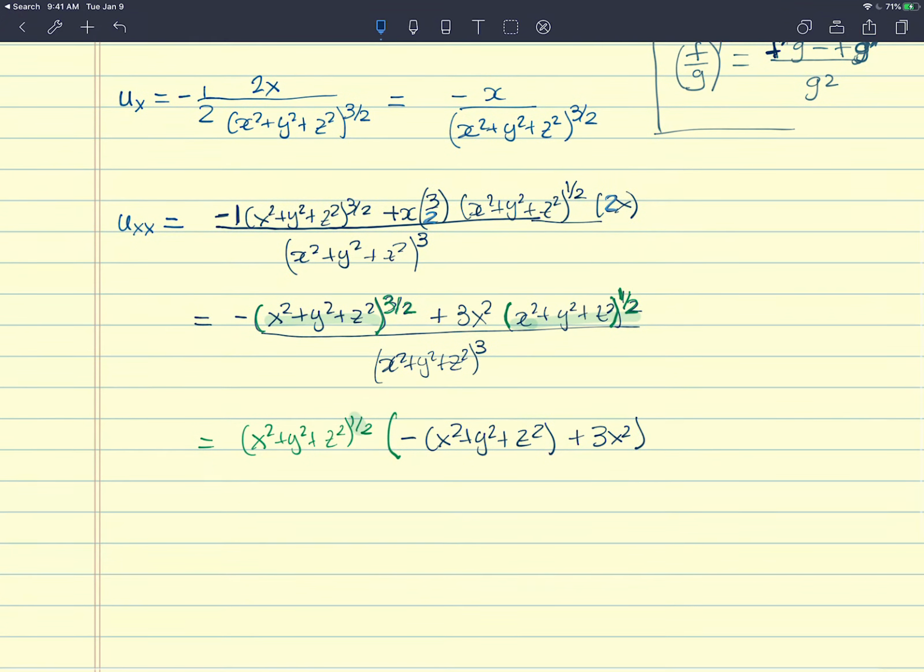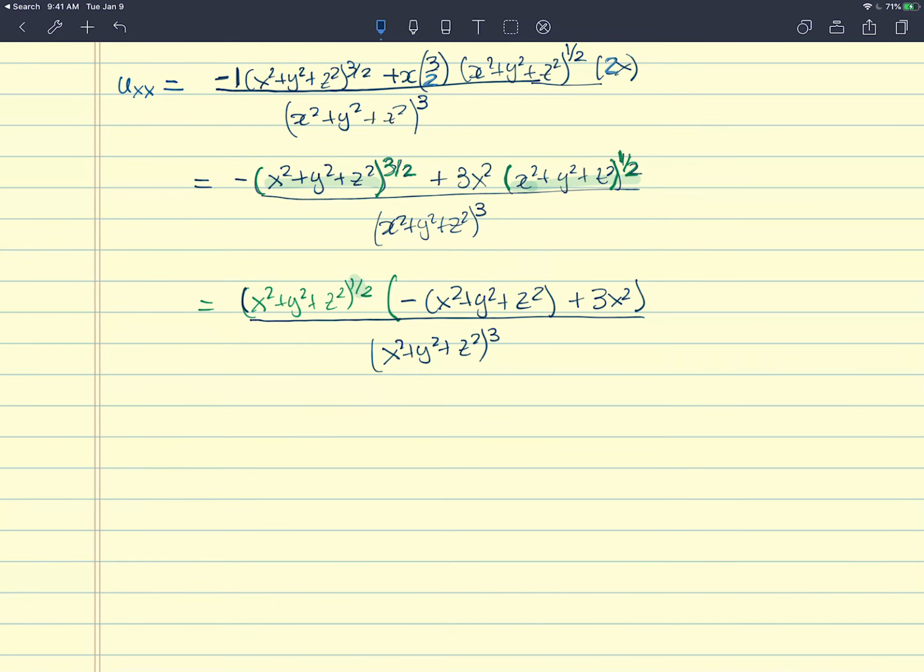Okay. So by doing that, it's going to make this very cool because the denominator has exactly that same factor to the 3. Okay, so this is the same factor as this, so I can cancel, and in the denominator, I really just get x squared plus y squared plus z squared to the 5/2. And this guy is not there anymore. And then on top, look at what I'm going to have.